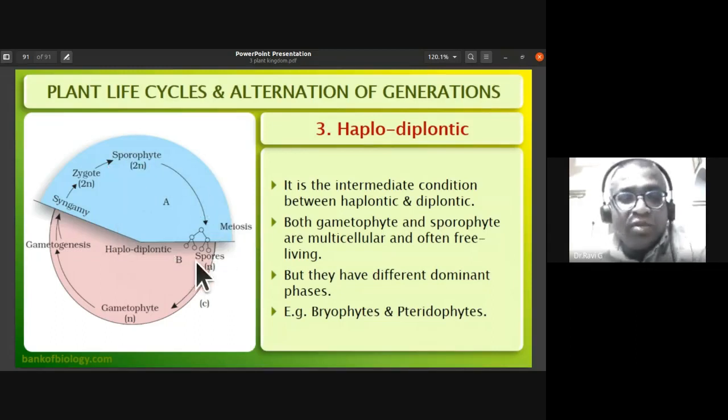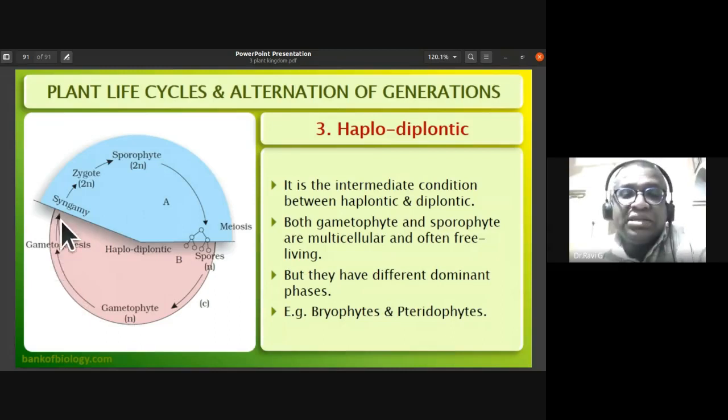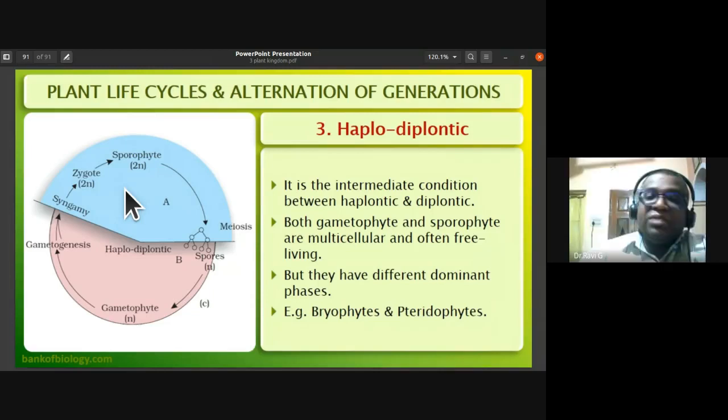The gametophytic phase is from the haploid spores to the development of the gametophyte and formation of gametes. So this phase represents the gametophytic phase, and it is the haploid stage. So the haploid phase and diploid phase, we can notice, are equal. Haplodiplontic is an intermediate condition between haplontic and diplontic life cycles.